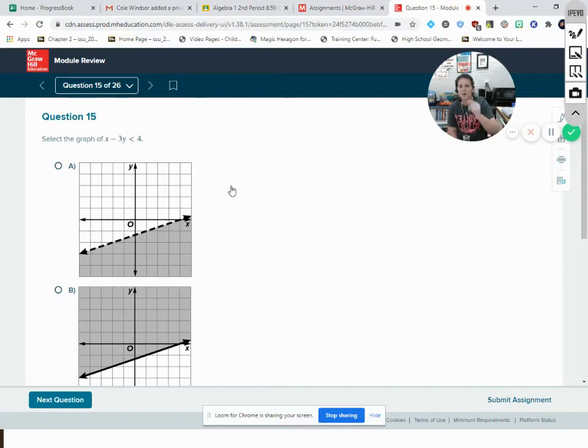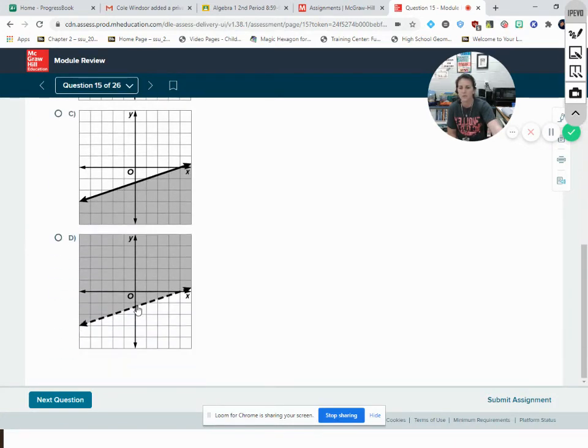If you remember, we had to flip our sign because we divided both sides by a negative. So we're looking for the values of y that are greater than that. This is values of y less than, they're below it. This is values of y greater than all the points on my line. So that has to be the correct answer here, D.